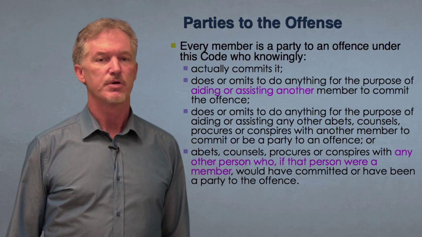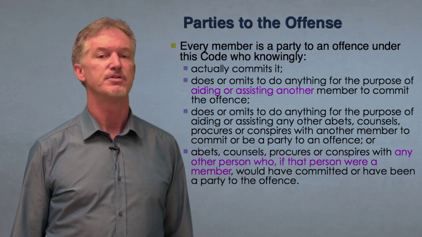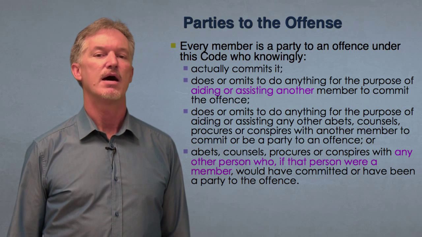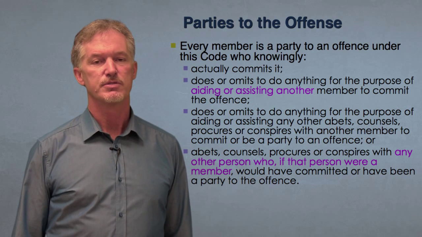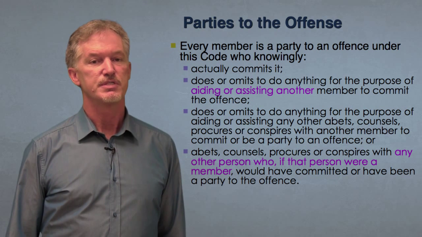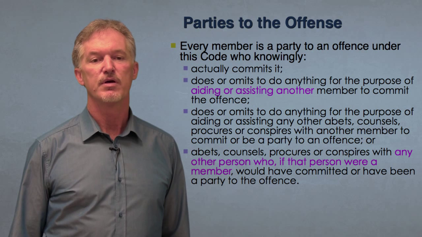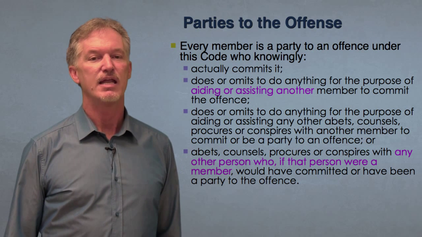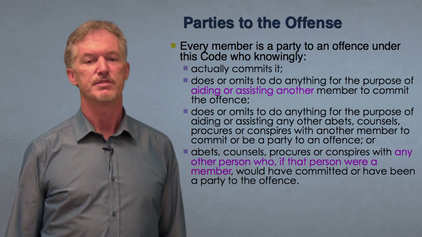So it's not only the person who did the wrong thing; if somebody did some action or failed to do some action that enabled or allowed that wrong action to occur, then they're a party to the offense, and they're also subject to sanctions. If you assist a person, counsel them, conspire with them, or take any of these actions that allow another person to commit an offense, then you're party to the offense as well.